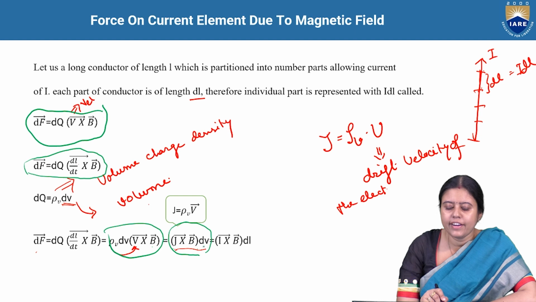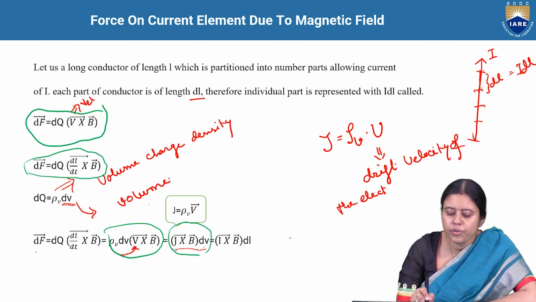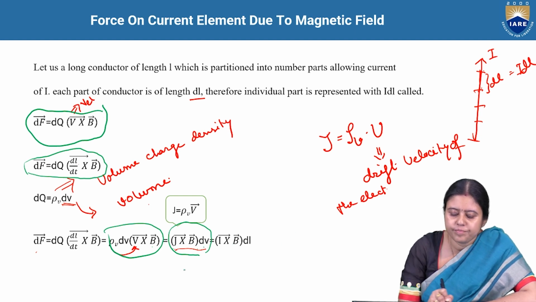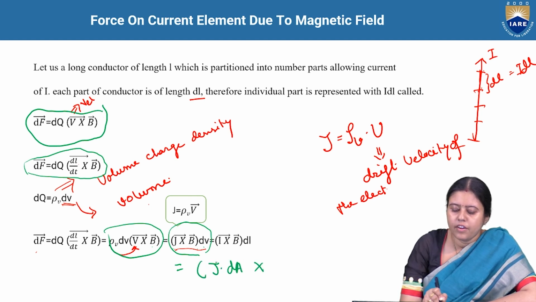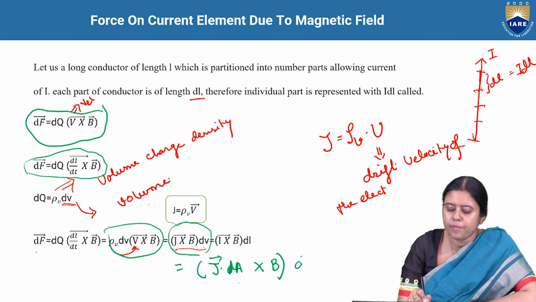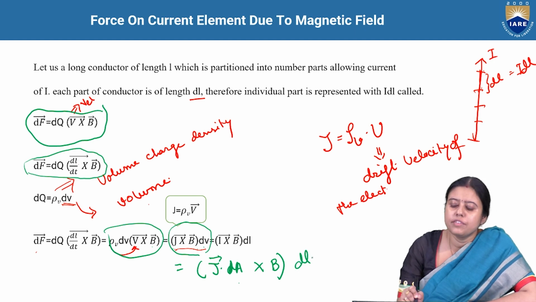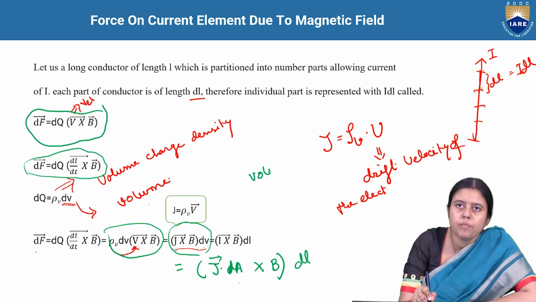Again, we can write it as J into dA cross B. J into dA means we have I, and we have the L, because volume is the area into length.